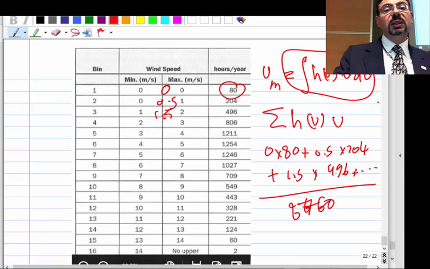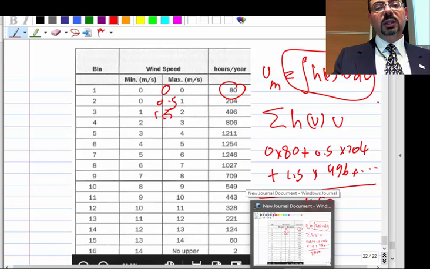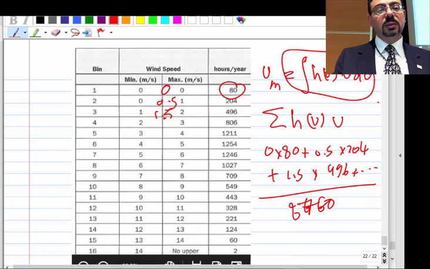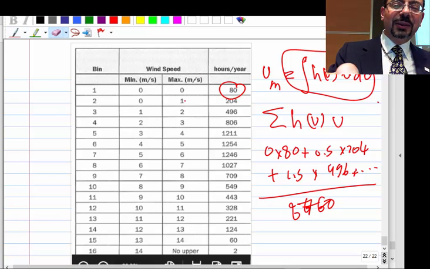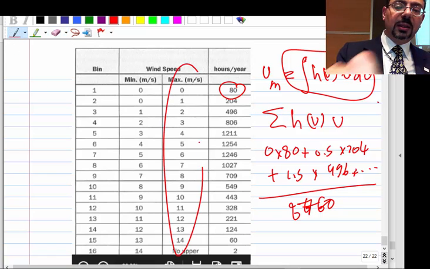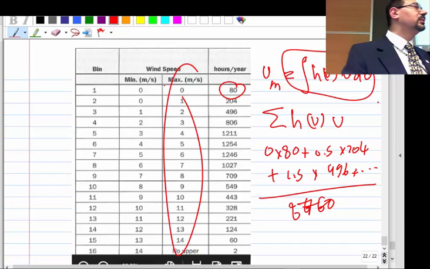I had one student one year, guess what he did wrongly to calculate the average velocity? He added all those velocities over here, and he divided by the number of bins. Why is that wrong?